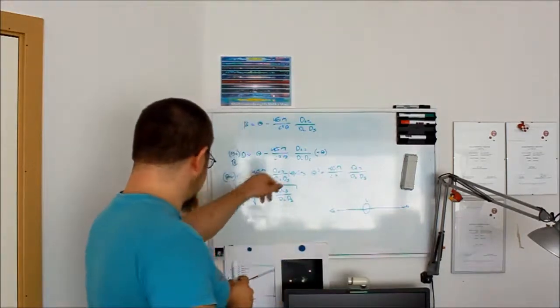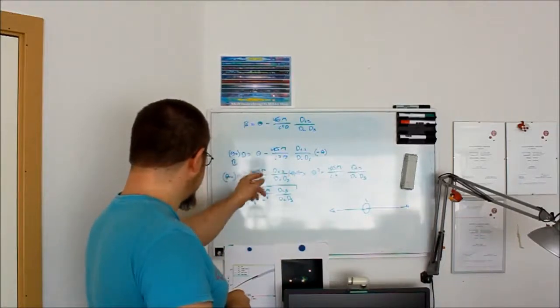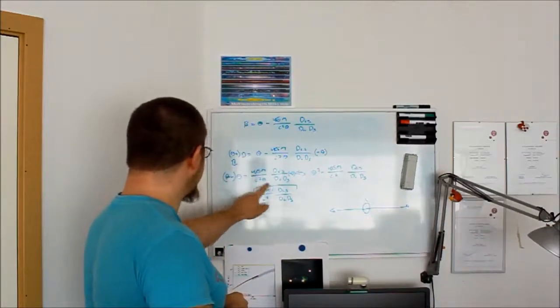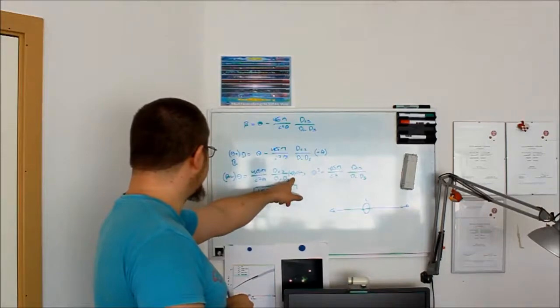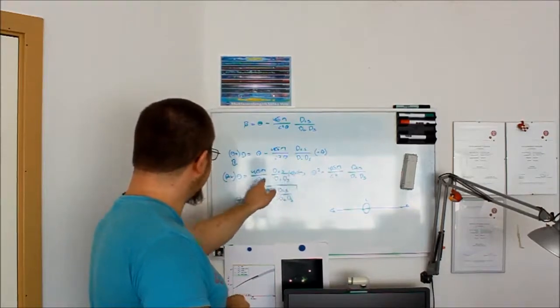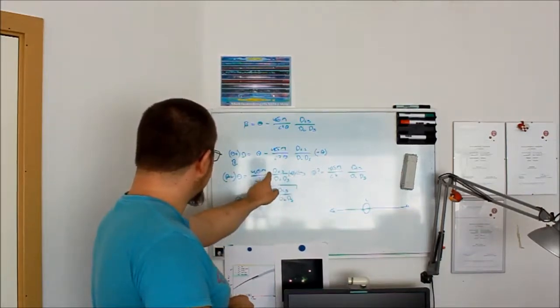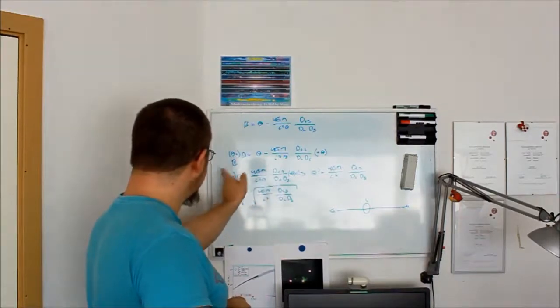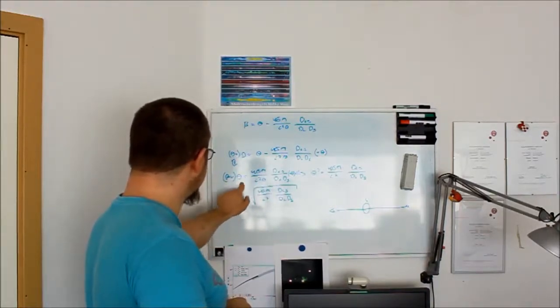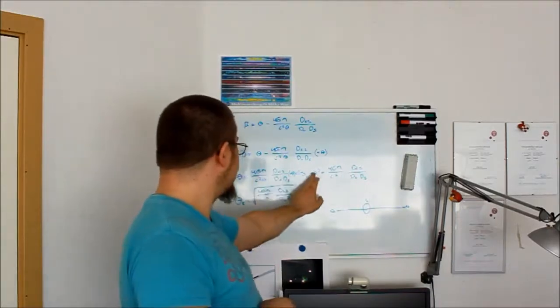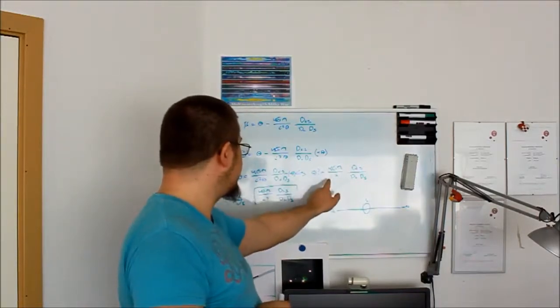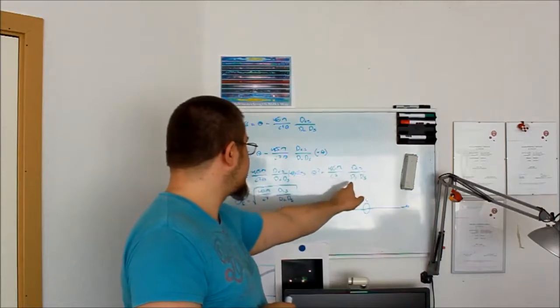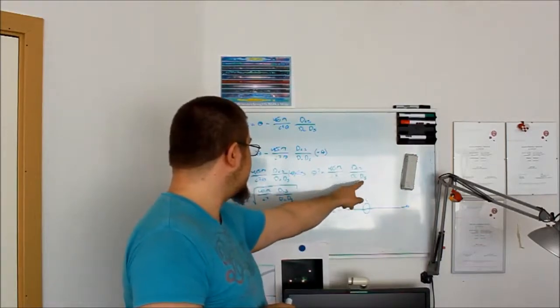So we have something times theta divided by theta, that's 1. Over here we have theta times theta, that's theta squared. So we get theta squared is equal to 4GM over c squared times DLS over DL DS.